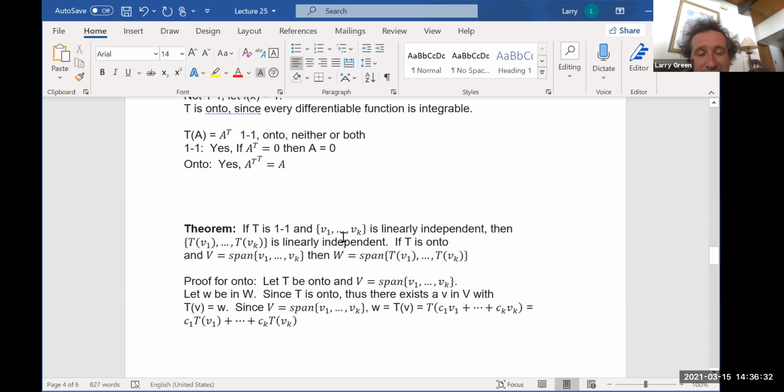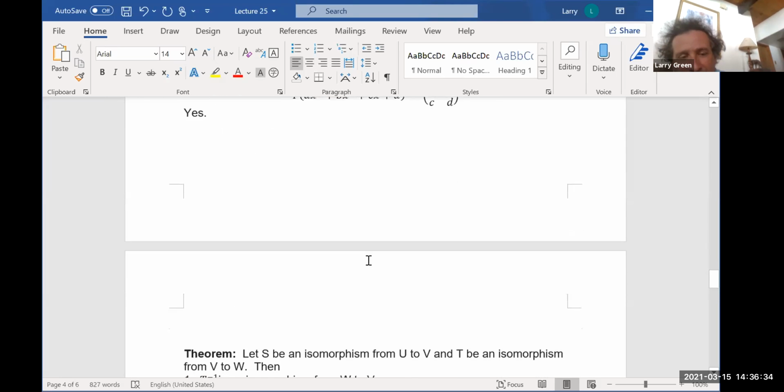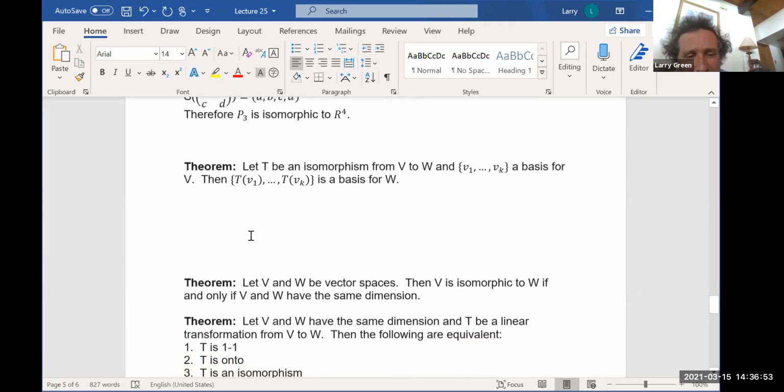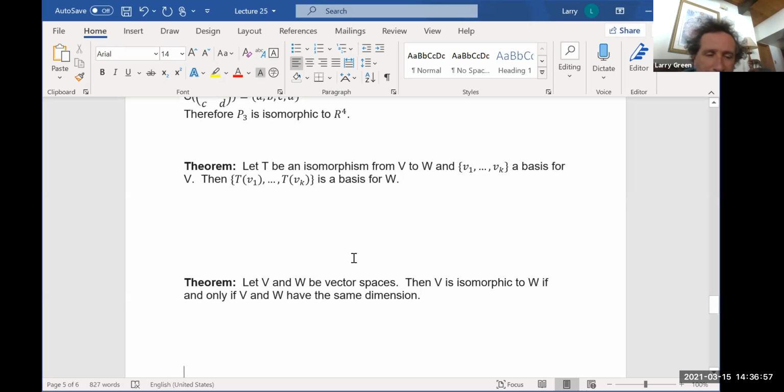Because the theorem says it one at a time, and the theorem I just mentioned says it together. But it doesn't matter whether you say it one at a time or together, it's the same thing. Any questions on this theorem? Okay. So again, there's not much to say about it because it's just a restatement of the other theorem.